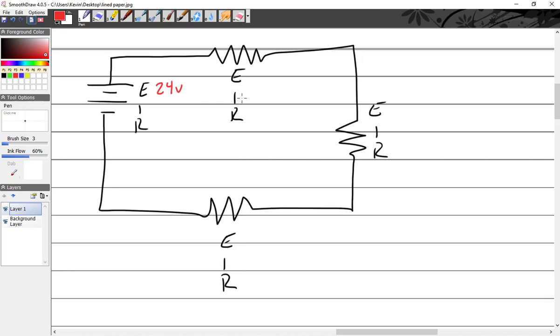I don't want to draw that many. 0.5 amps, 8 ohms, and I believe this is 15 volts. There we go. As hard as I can make it.